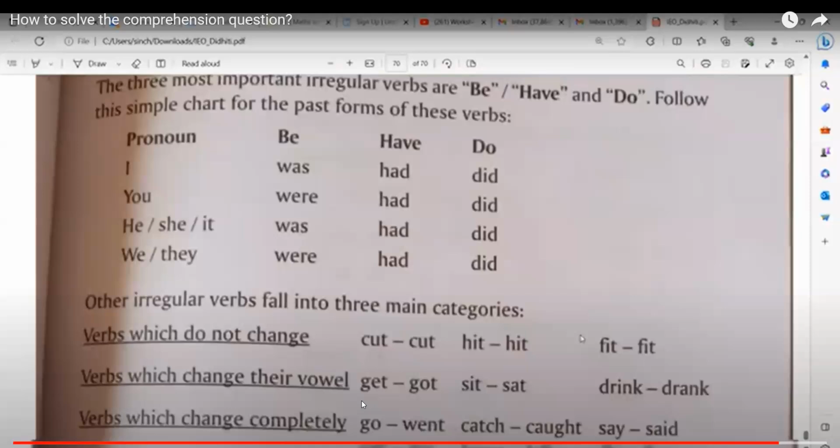Irregular verbs are verbs that do not change, change their vowels, change completely. Yes, your definition of irregular verb is correct, Shivam, but can you tell me what is a regular verb? Your definition is not clear.